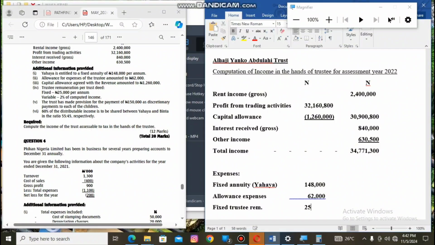Now, in other questions, this is where you should be careful. I think there's one question we are going to solve where they have two trusts. So if they are paying trustee remuneration of 25,000 naira per trust, meaning for the two trusts, it will be 25,000 naira times two.